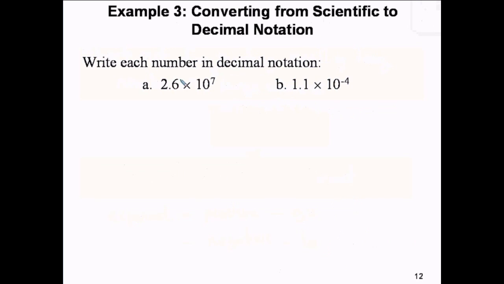So if we go from scientific to decimal, what I'm going to do is I start with my 2 and my 6. This tells me the number of places I have to move. So here's where my decimal was. So I go 1, 2, 3, 4, 5, 6, 7.